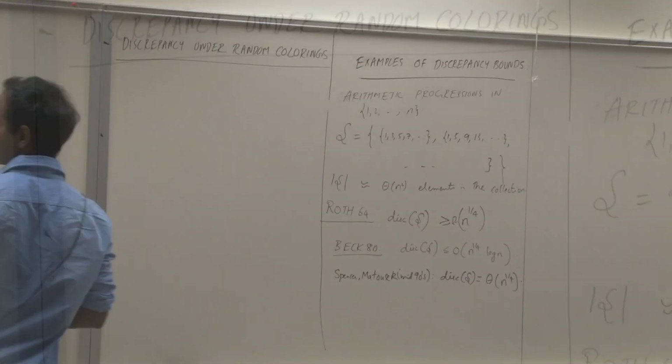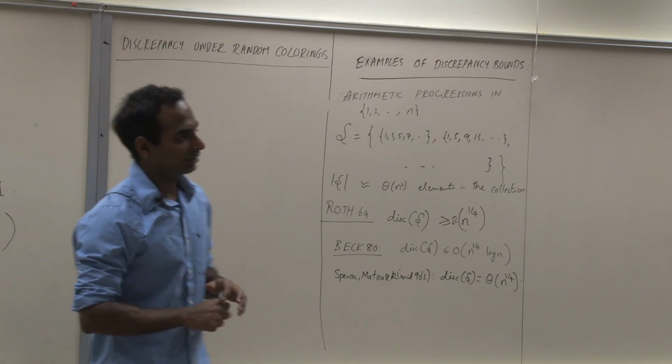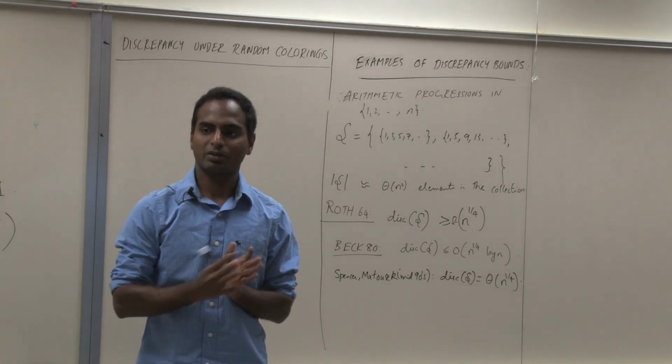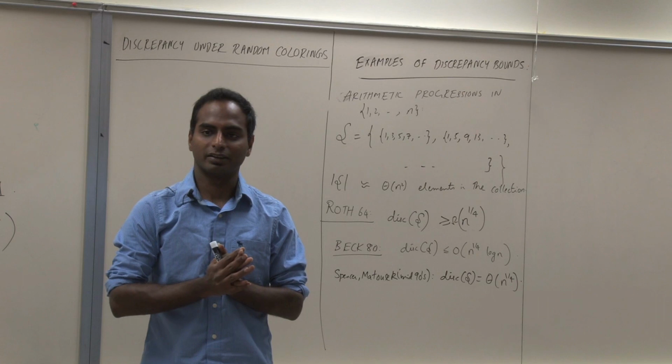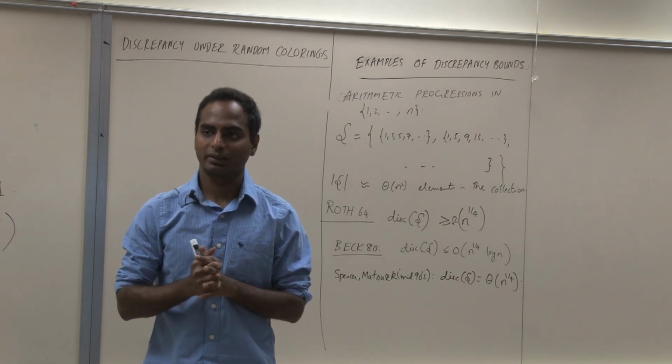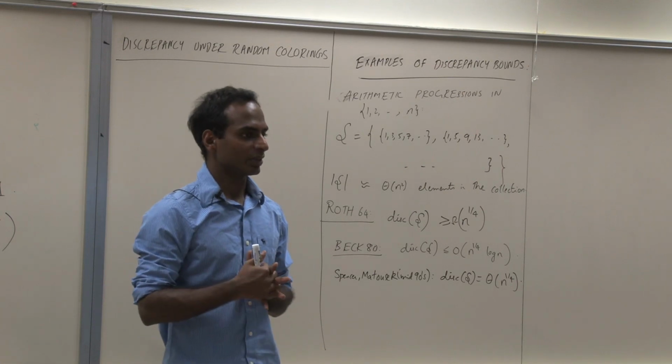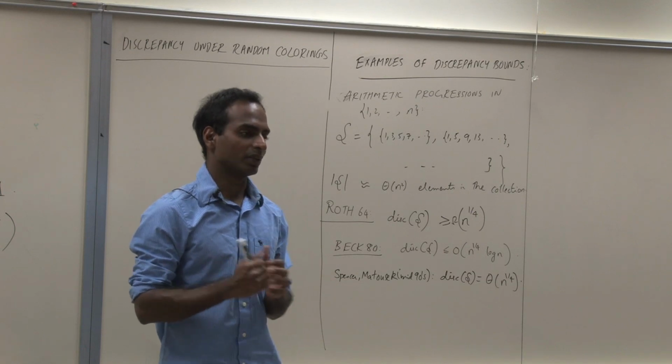So let's say you have a set system like before, and you take a random coloring chi, just a random plus or minus 1 vector, and you color the elements using that vector. So what should the discrepancy of the set system be?